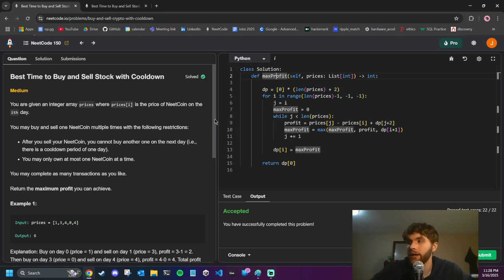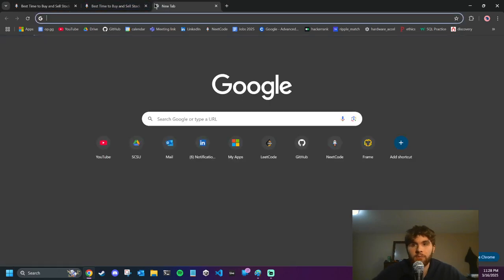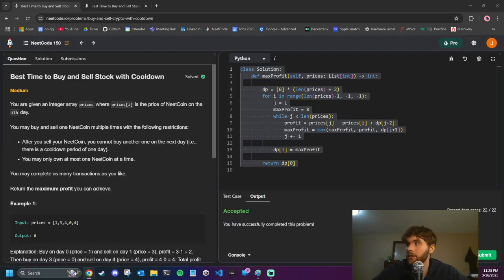I could think about the linear solution, but for the purpose of today's video, I'll just keep it quadratic, and then I'll probably look at the solution another time. So I'm going to see if I can submit it on LeetCode.